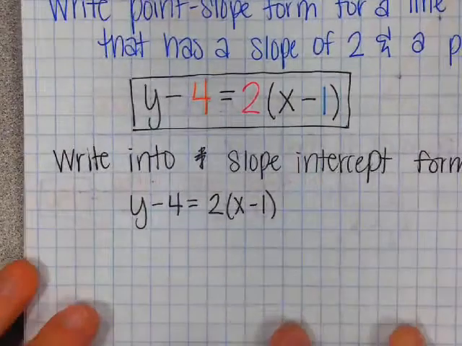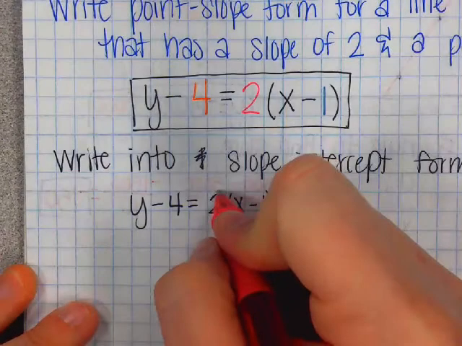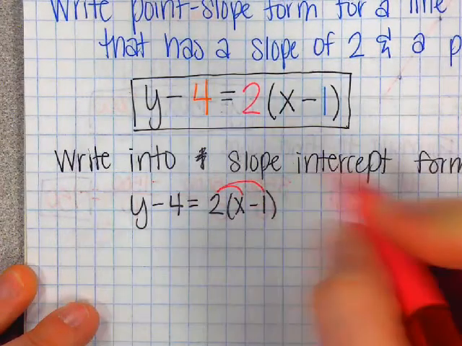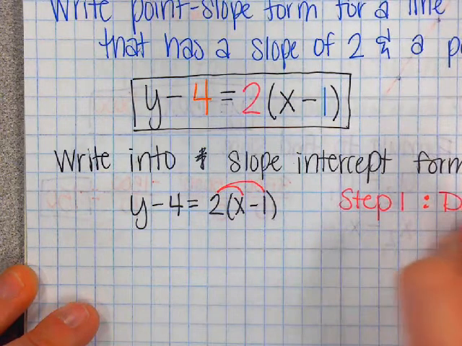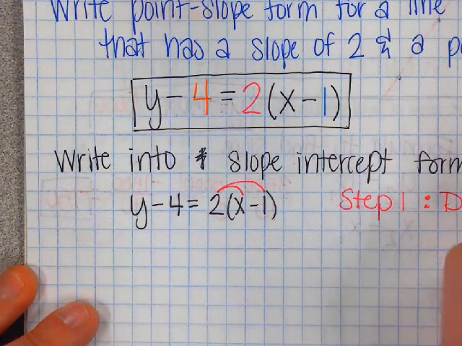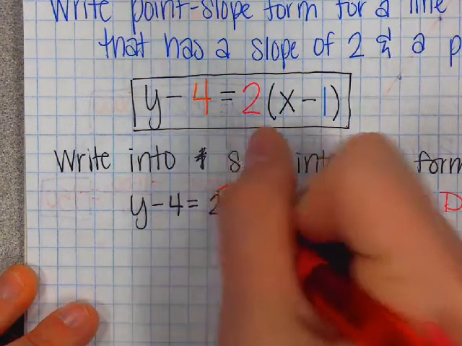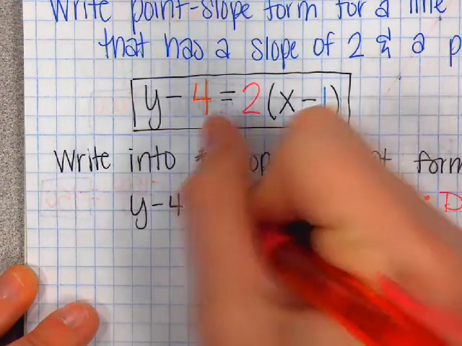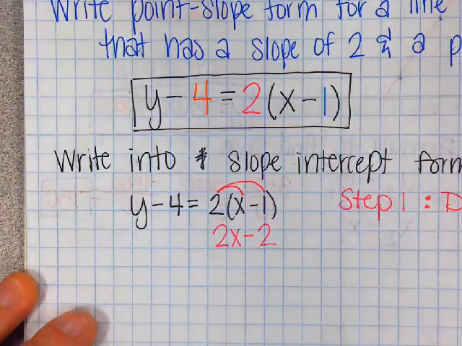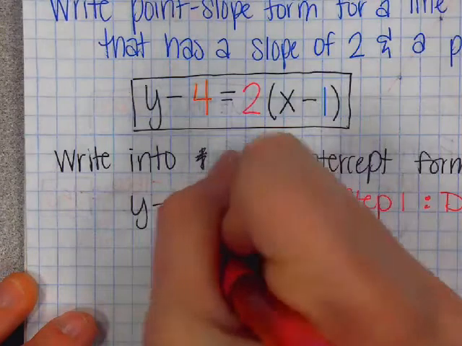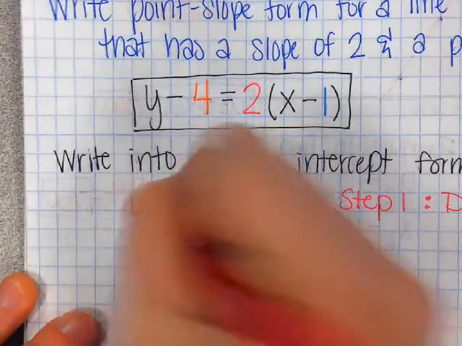Remember, when we solve these, first thing you need to do is distribute. So step 1 is distribute. Then 2 times x is 2x. 2 times negative 1 is negative 2. That y minus 4 stays there.